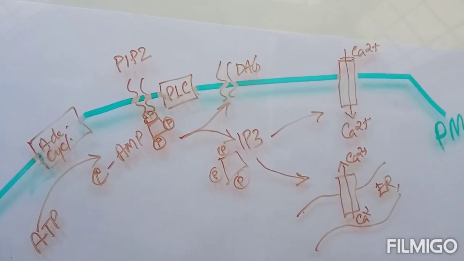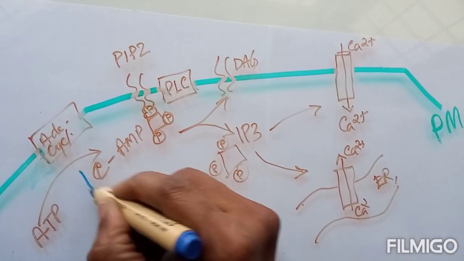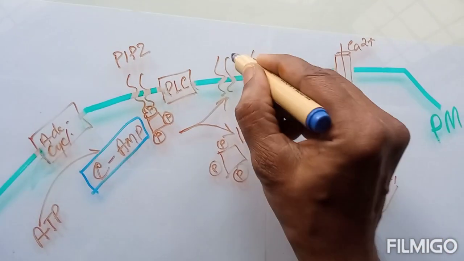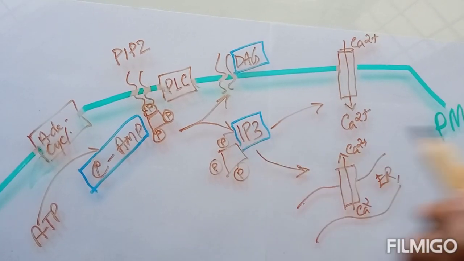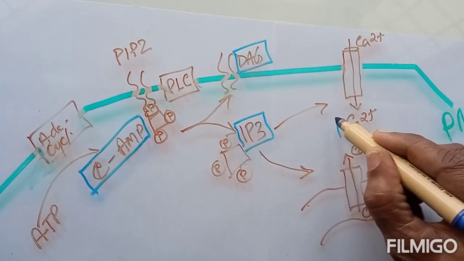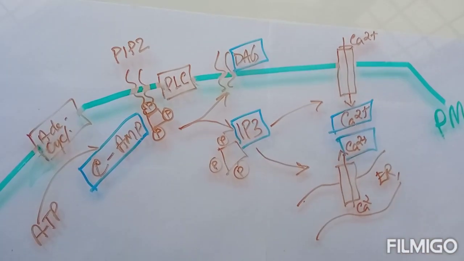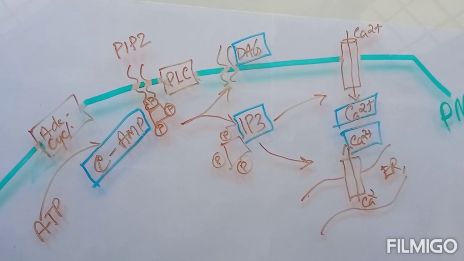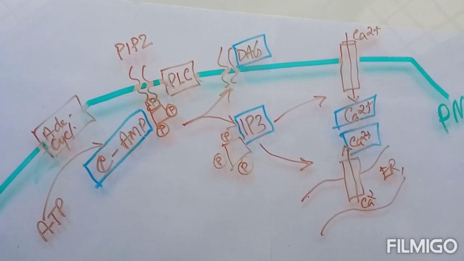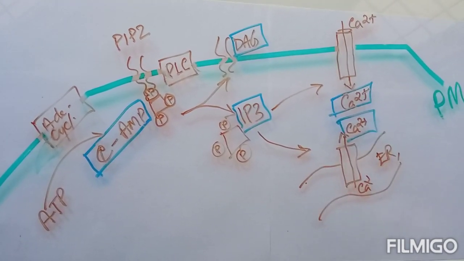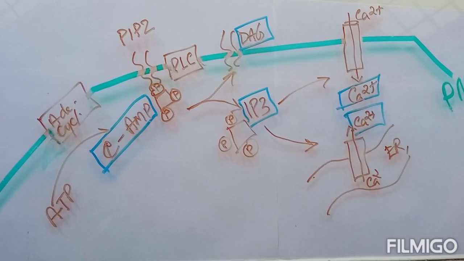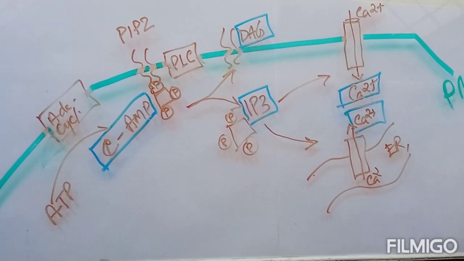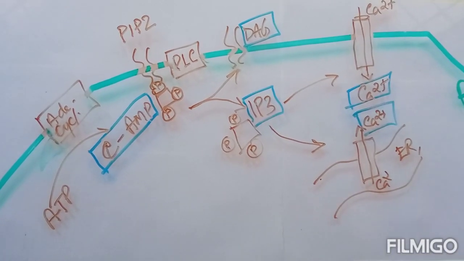So effectively, cyclic AMP, DAG, IP3, and calcium ions are all secondary messengers which play crucial roles in amplifying the signal, the message brought about by molecules like hormones, neurotransmitters, etc.